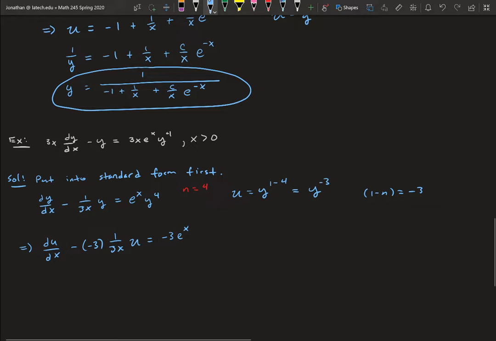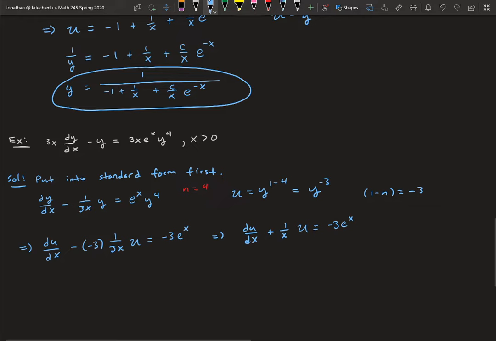So here's 1 minus n times p of x times u, here's 1 minus n times f of x. So this differential equation becomes du/dx plus 1 over x u equals negative 3 e to the x.